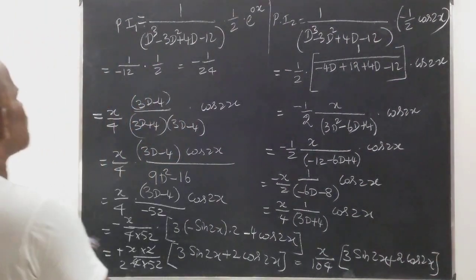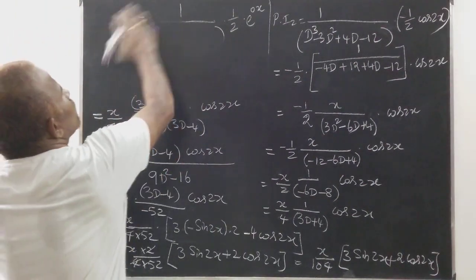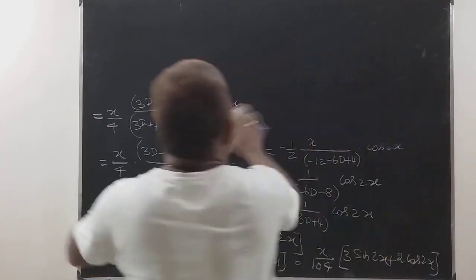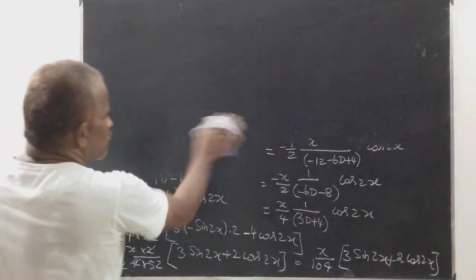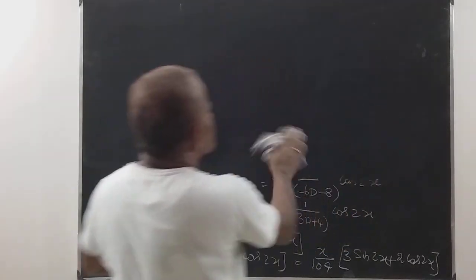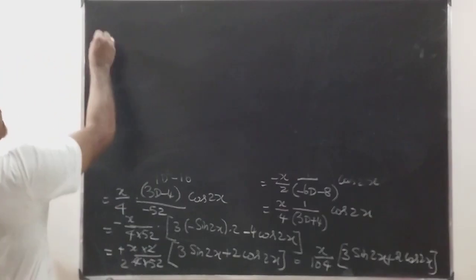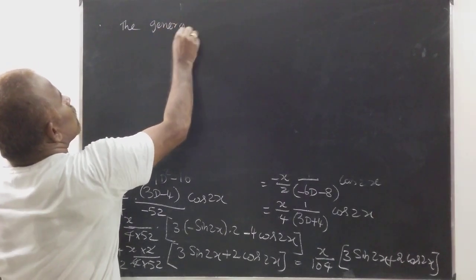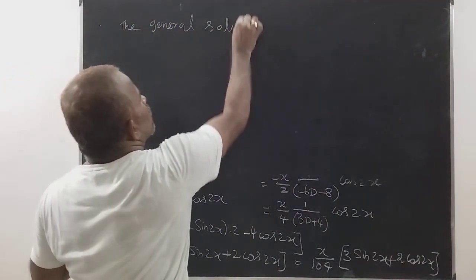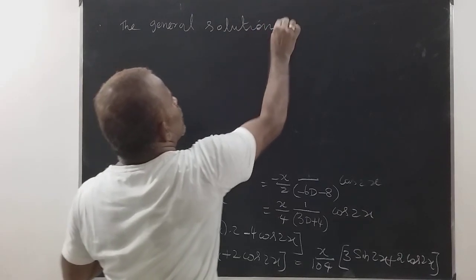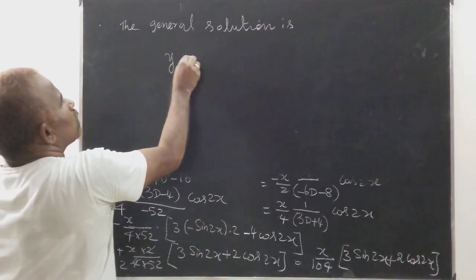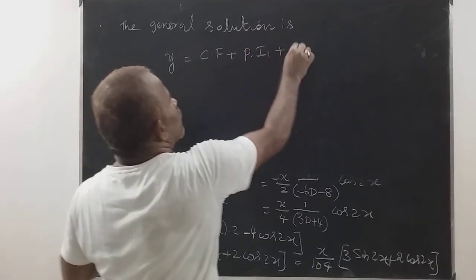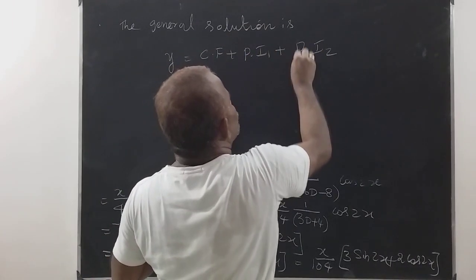So therefore the general solution is y is equal to complementary function plus particular integral 1 plus particular integral 2.